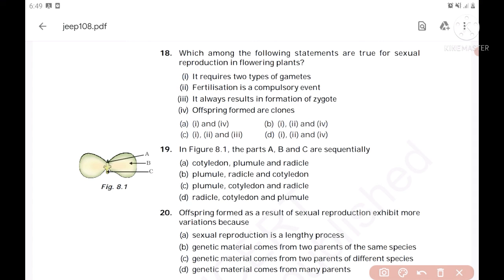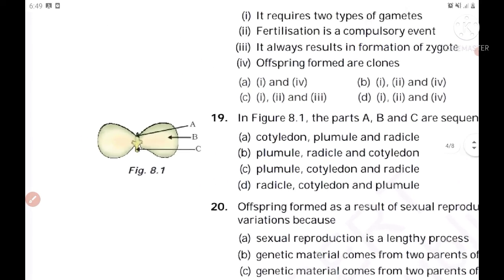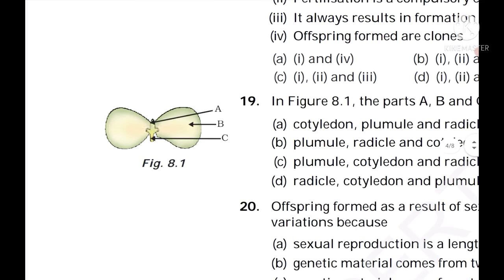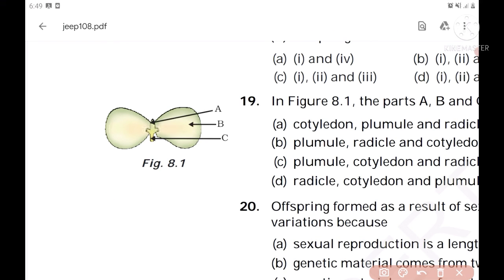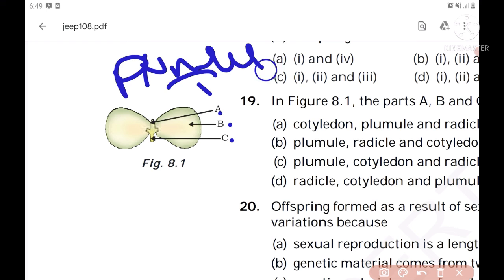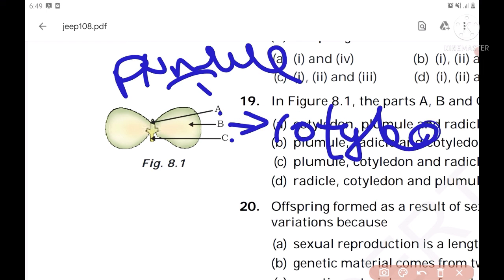In figure 8.1, the parts A, B, C. Let me zoom in. So in this, what is A, B and C? A is the plumule, B is the cotyledon, and this is the radicle.